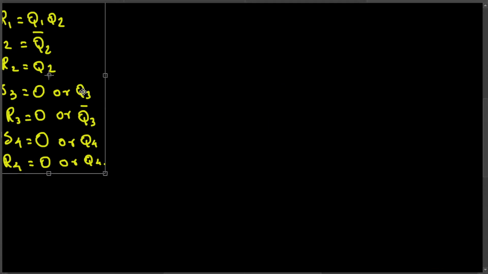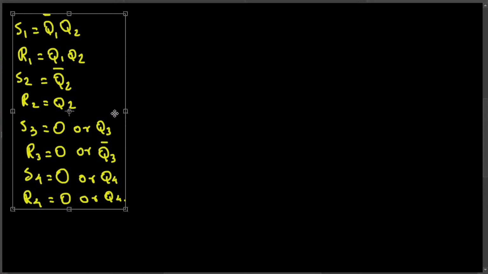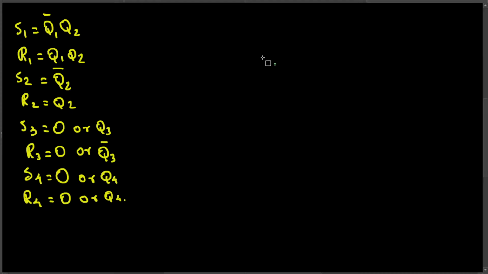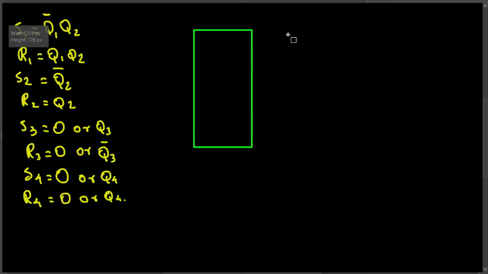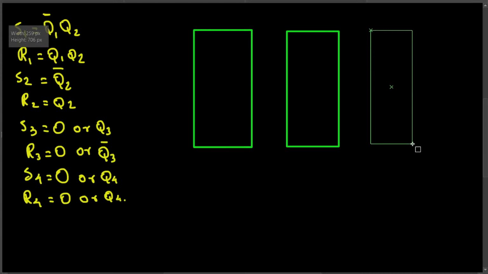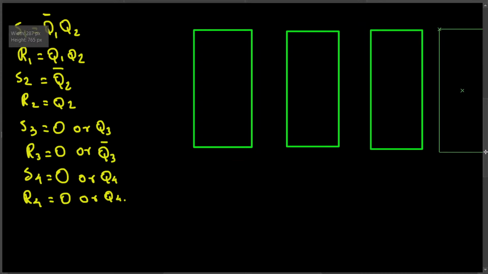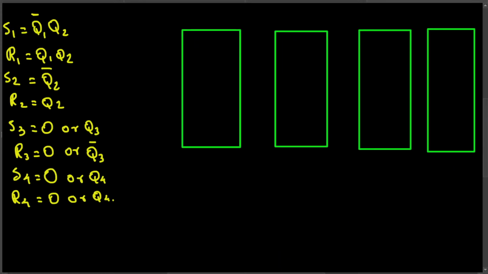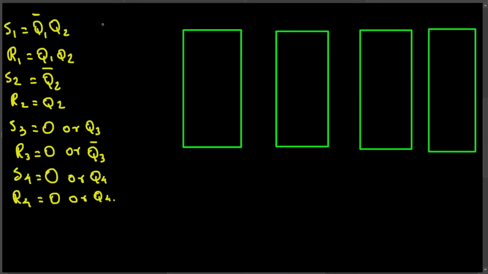Okay, here we go. Now let's go ahead and design our circuit using flip-flops. We are using SR flip-flops. We are going to need 4 of them: 1, 2, 3, and 4. Okay, here we have 4 flip-flops. Let's label the flip-flops.